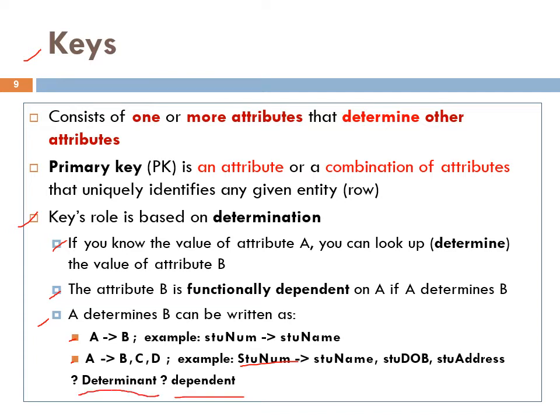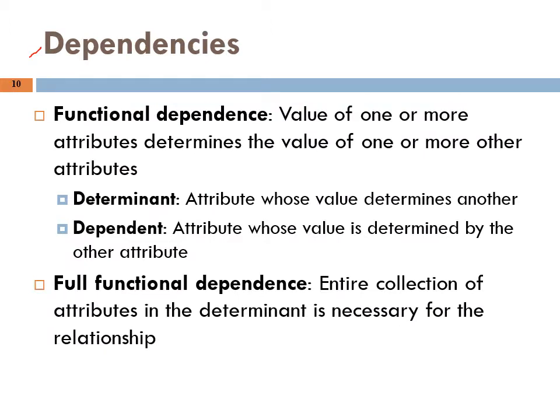Now is dependency. Basically, the principle of determination is very important, because it is used in the definition of a central relational database concept known as functional dependence.